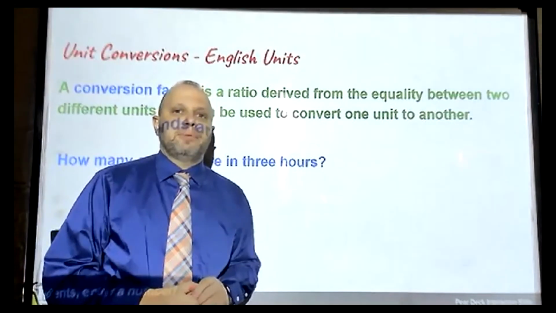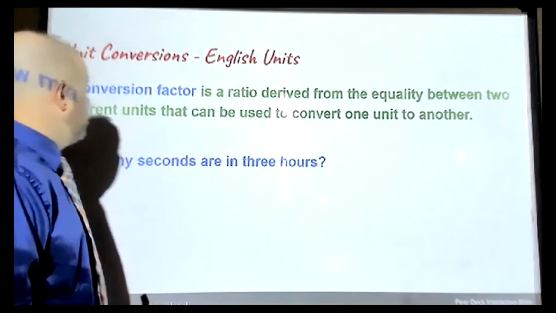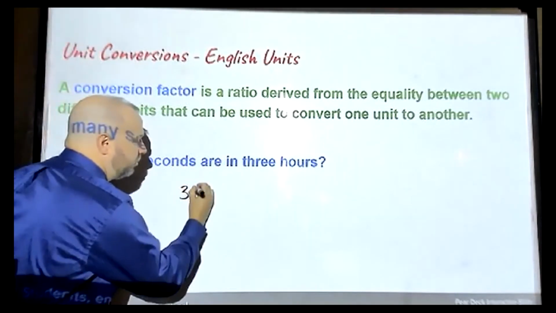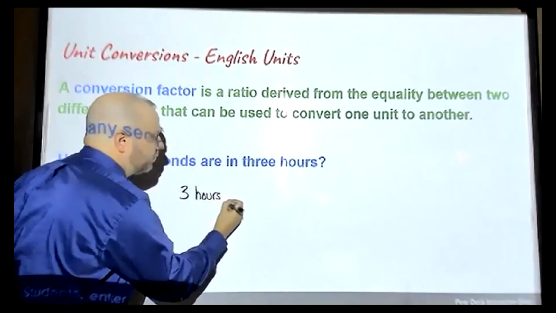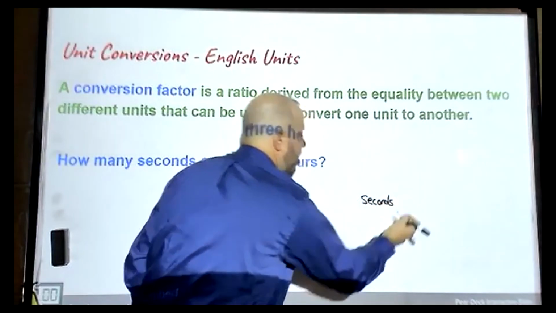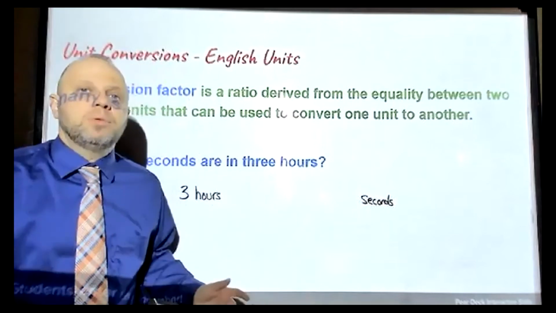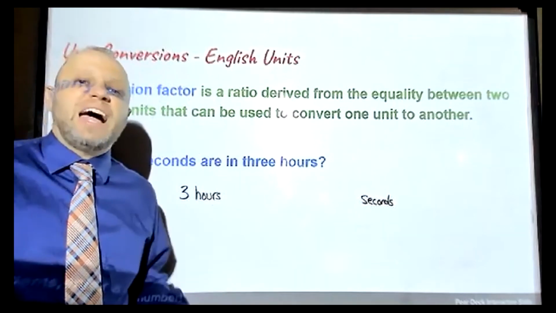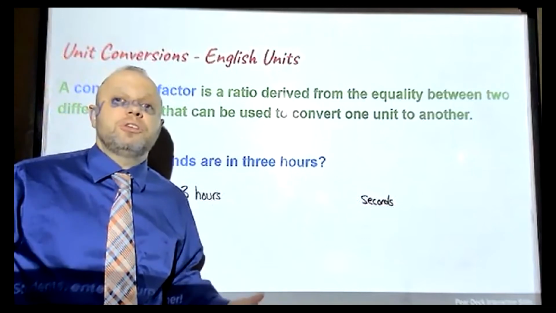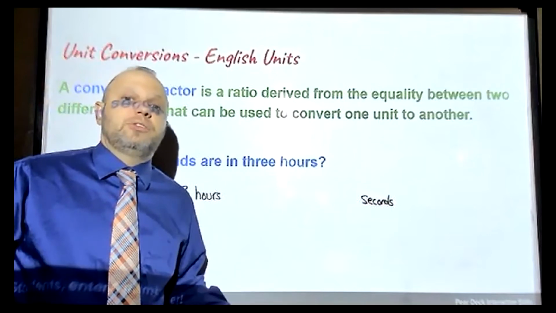Let's try another example. This one you probably can't do in your head. How many seconds are there in 3 hours? So we're trying to get to seconds just like we were in the previous problem, but this time we're starting off with hours. Now, some of you might already know that there are 3,600 seconds in 1 hour, 60 seconds per minute, 60 minutes per hour.